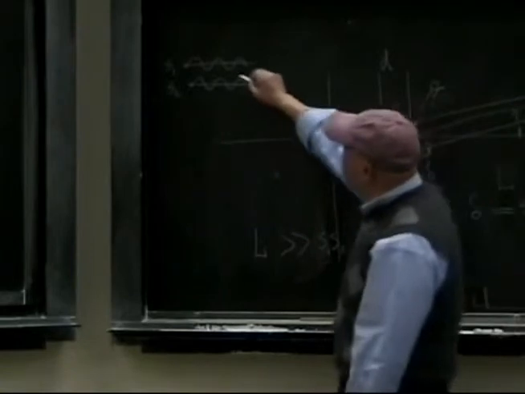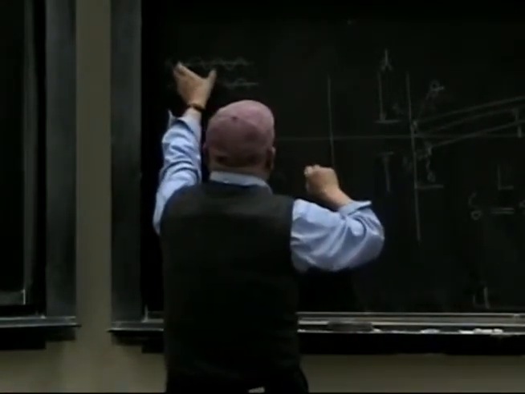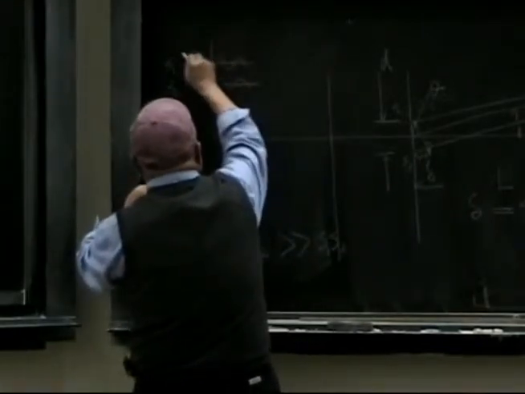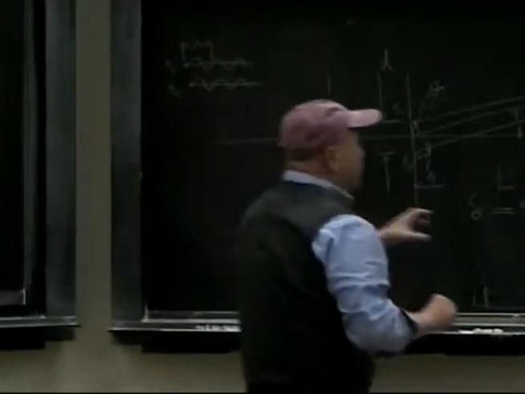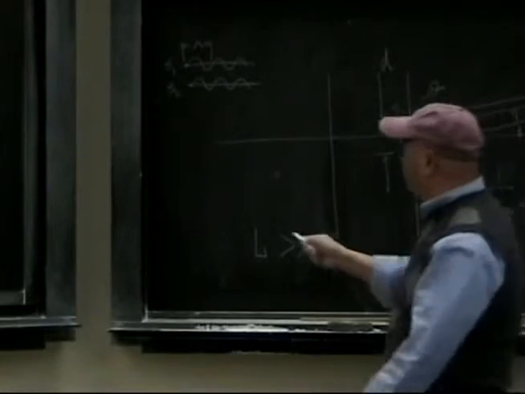Okay? Now, if they shift by multiple wavelengths, then they give us this lambda. That means m is an integer. If m plus 1, it is still shifting by one wavelength, so it's still the same.